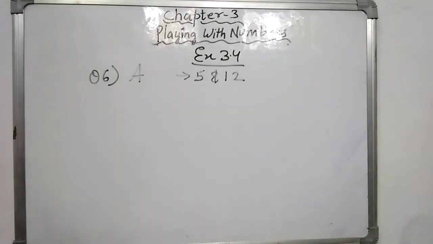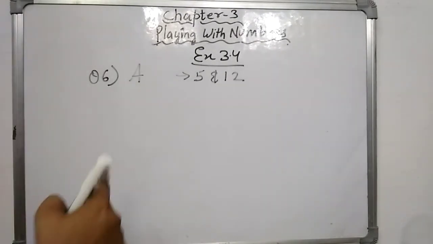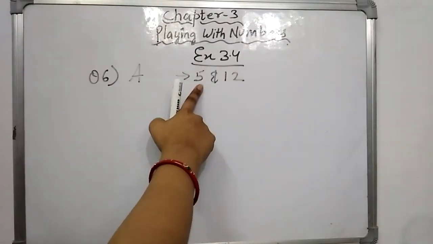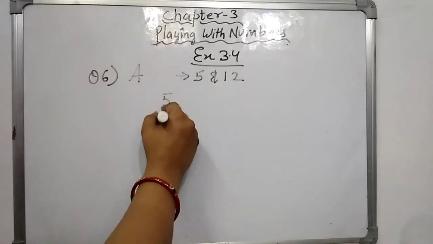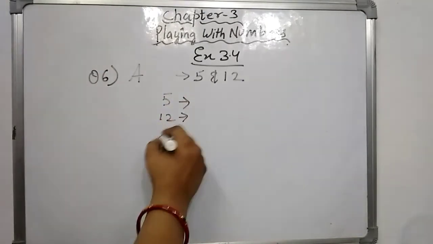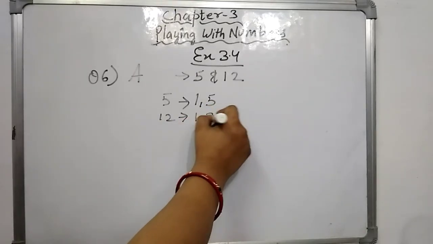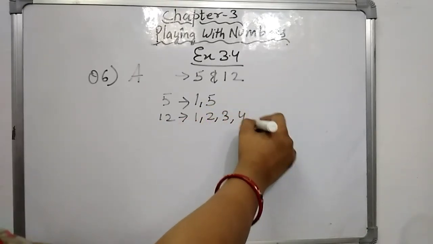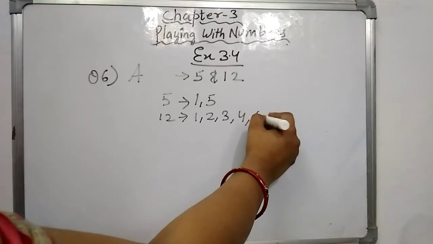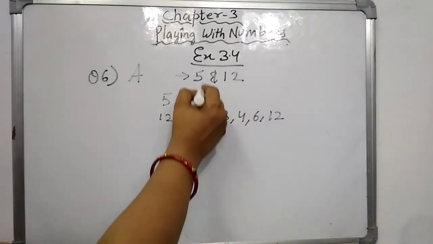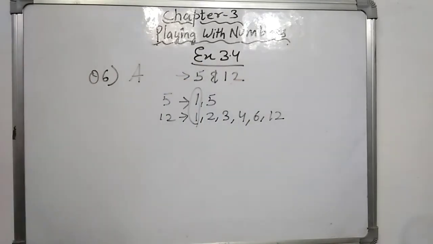If a number is divisible by co-prime numbers, so 5 and 12 should be co-prime. Let's check. Factors of 5: 1 and 5, and factors of 12: 1, 2, 3, 4, 6 and 12. But common factor is only 1. So that means 5 and 12 are co-prime numbers.